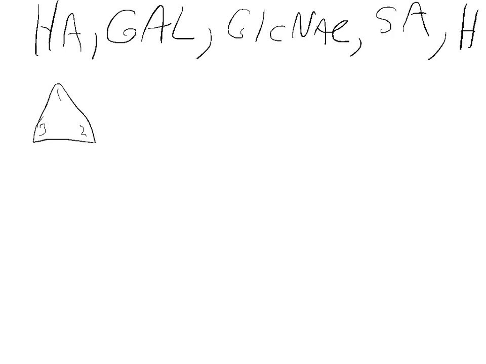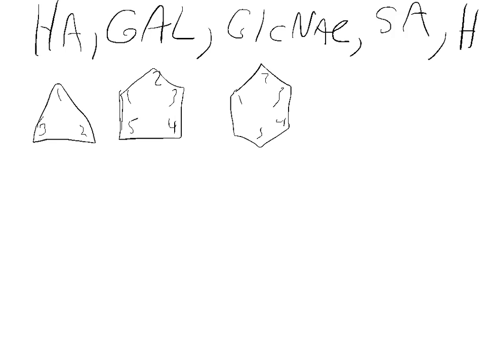Let's think about galactose for a minute, and we're going to make galactose be shaped like a pentagon. Here, it's carbon 1, 2, 3, 4, and 5. Let's make GlcNAc be shaped like a hexagon. And here we have carbon 1, 2, 3, 4, 5, and 6.